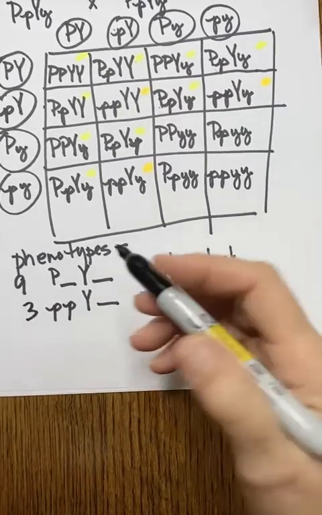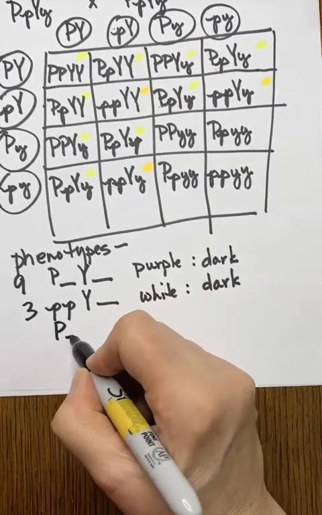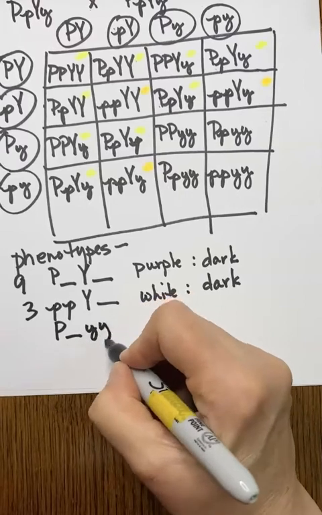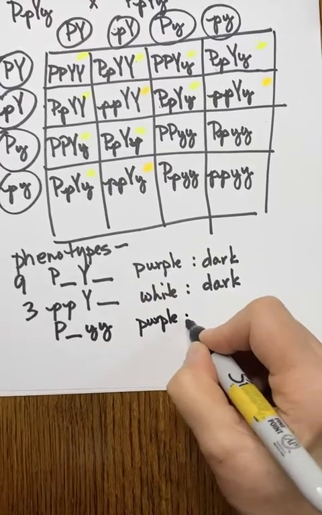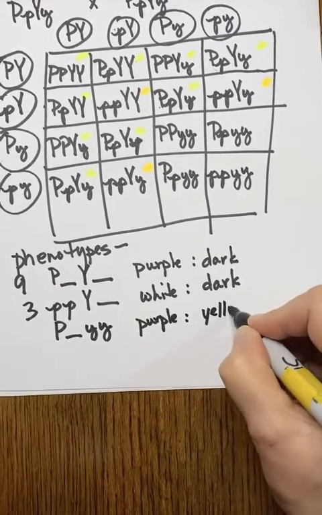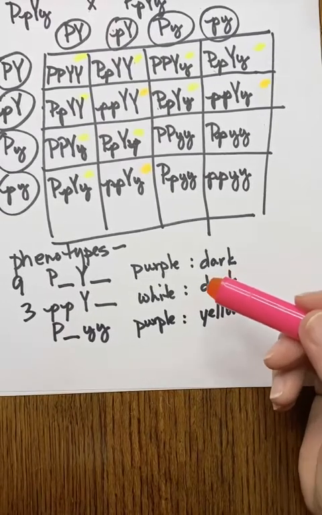Let's keep going. What about a capital P and anything and little y? So that's going to be purple stems and yellow-green leaves. Let's see what we have here.